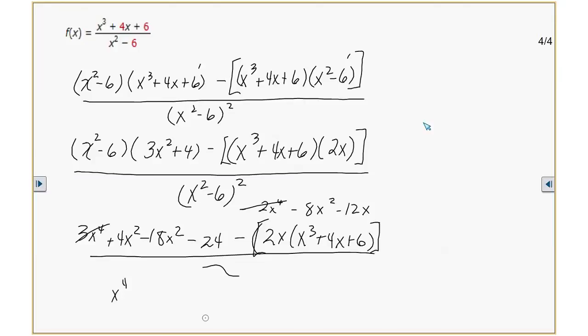Negative 14x squared minus 8x squared is what? Negative 22x squared.